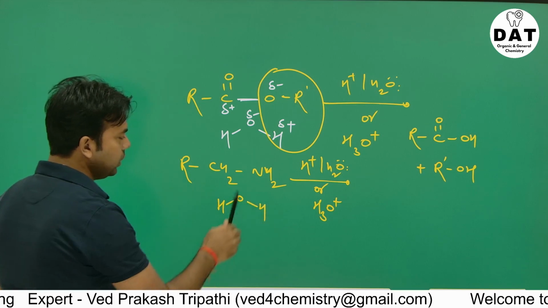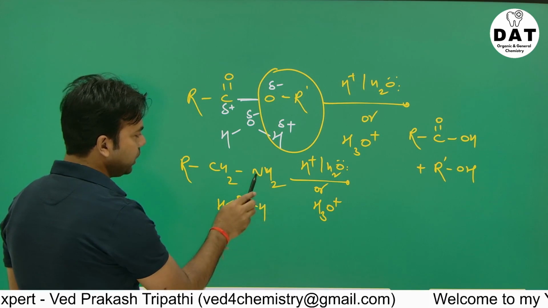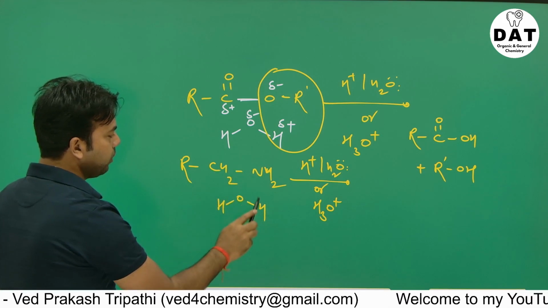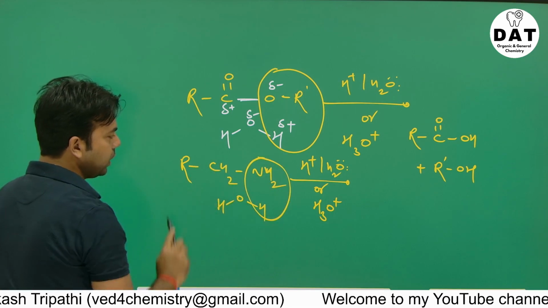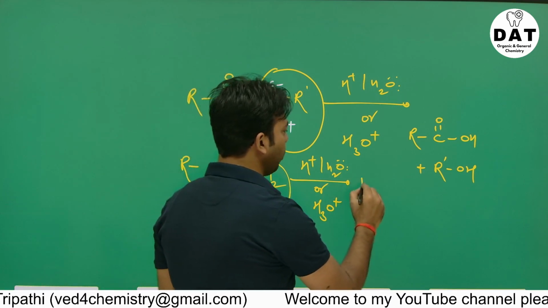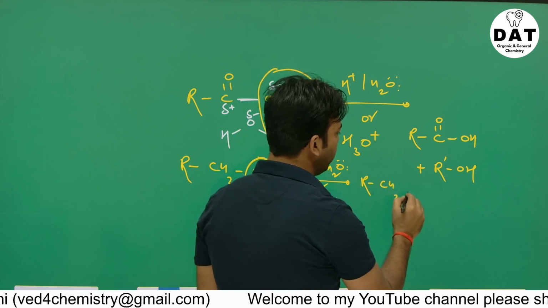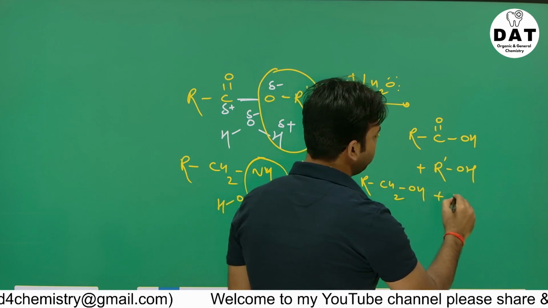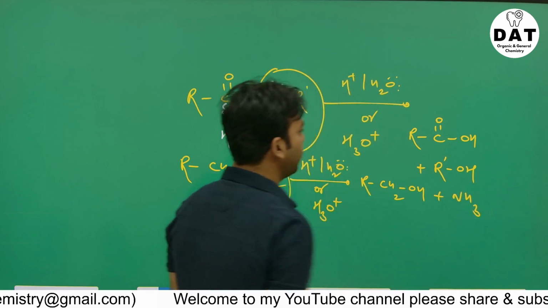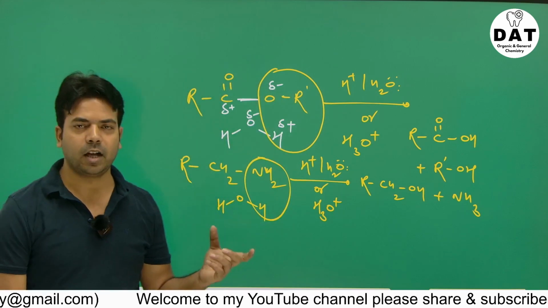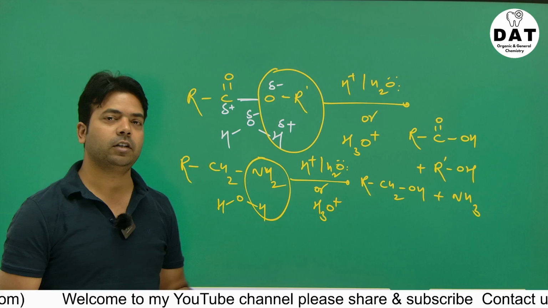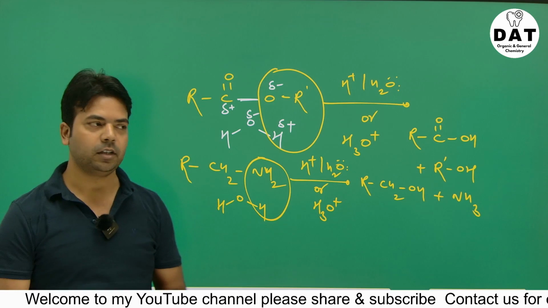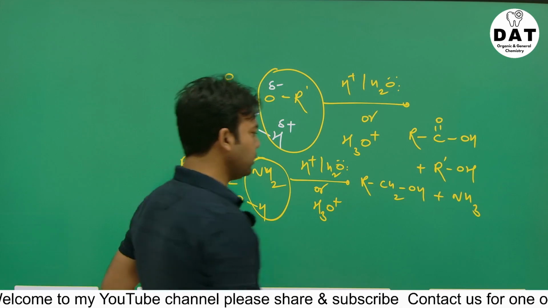So nitrogen is going to grab the hydrogen because nitrogen is more electronegative than carbon. And this CH2 will grab OH. So as a result of it, we have RCH2OH and ammonia. Okay. The rest we will discuss in the carboxylic acid derivatives, in which I will discuss acyl chloride, ester, anhydride, carboxylic acid as well as nitrile.